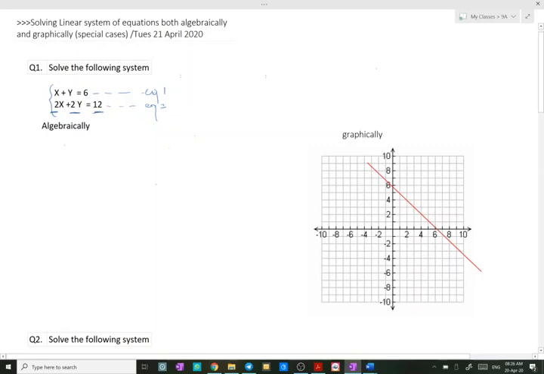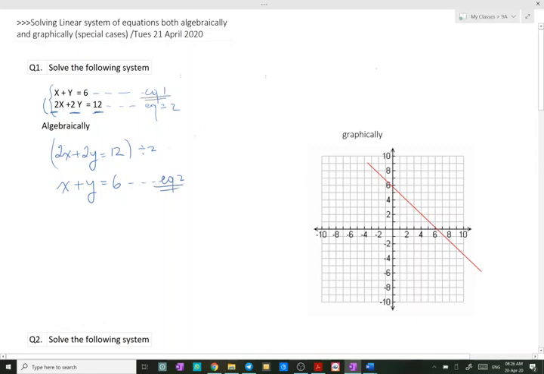So if we divide both sides of equation 2 by 2, we are going to have x plus y equals 6. So this is supposedly equation 2.